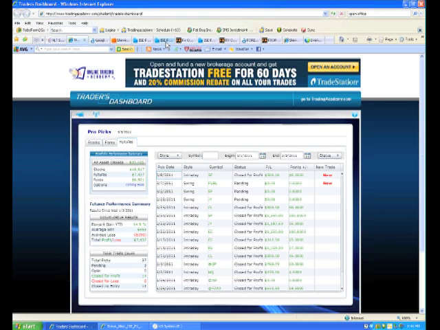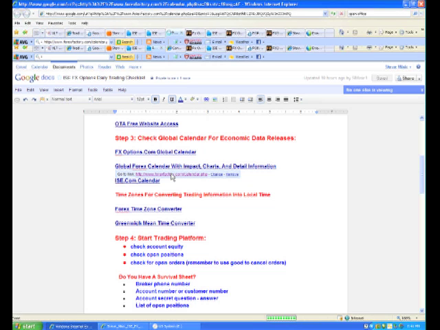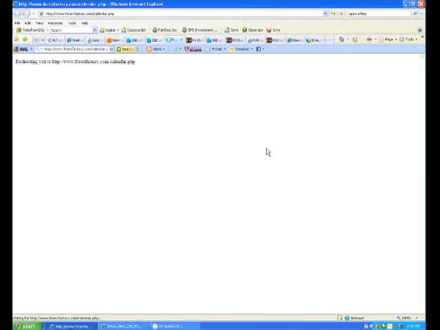On the global calendars, in addition to the one that Steve has available with the excellent news source, you may want to look at a global calendar where you can get economic data releases from all over the world, customized into your time zone.